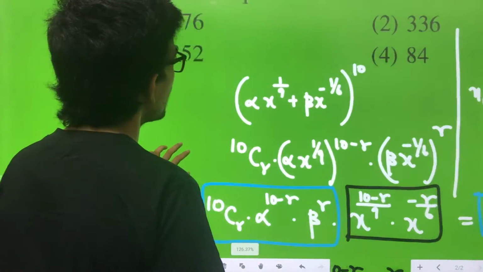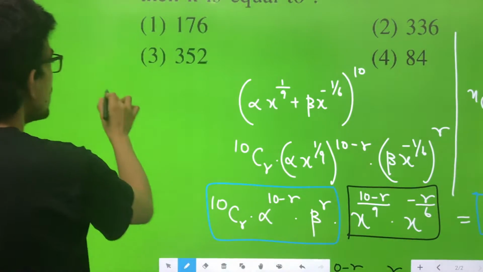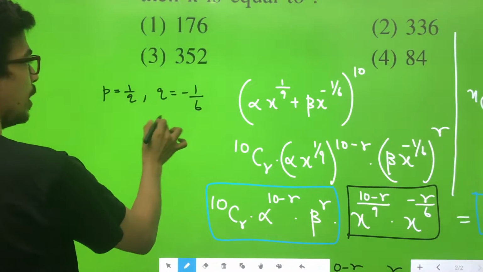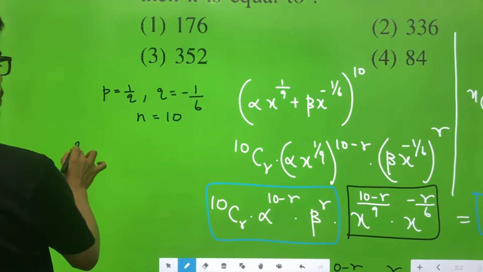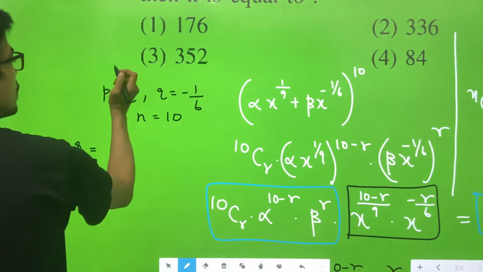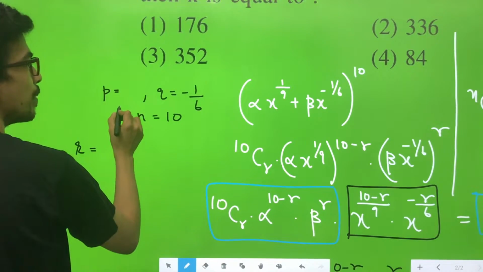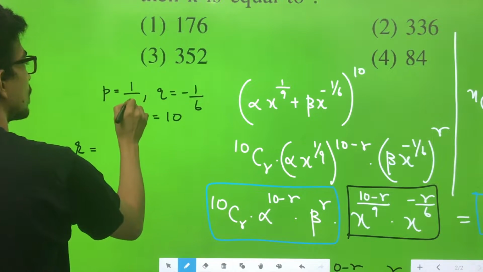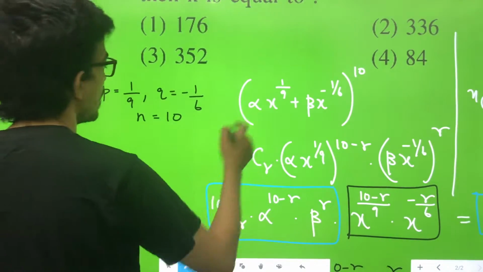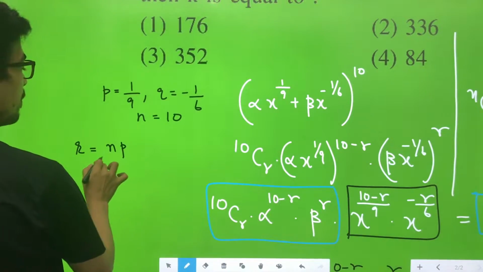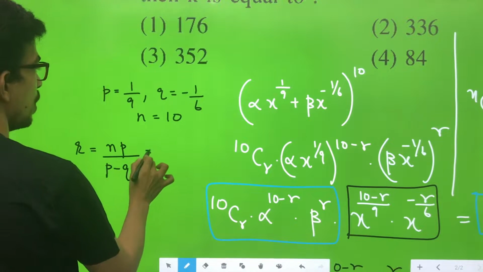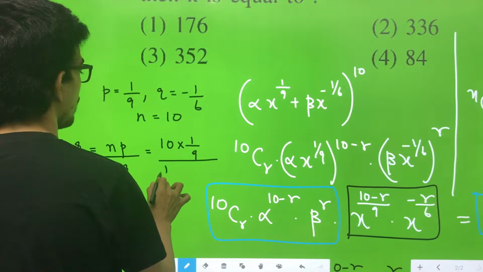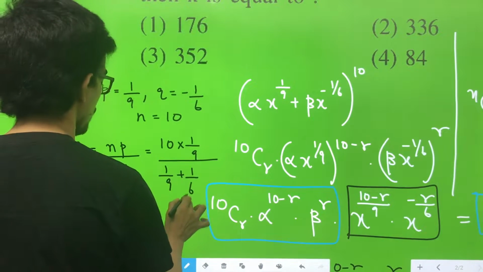In this question, we have P is 1 by 9, Q is minus 1 by 6, N is 10. So R comes out to be, this is NP divided by P minus Q. So it comes out as 10 into 1 by 9 divided by 1 by 9 plus 1 by 6.